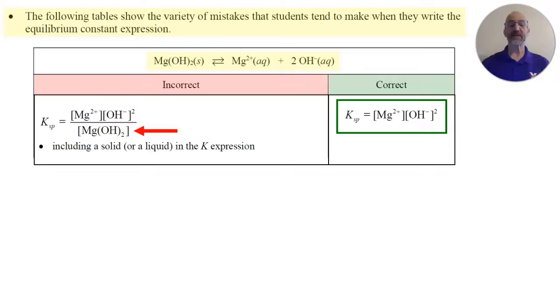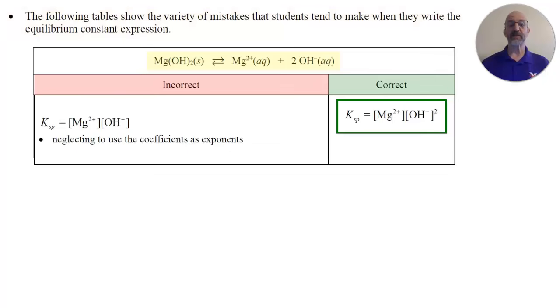So here's the first mistake. Including a solid or a liquid in the K expression is an example of a student mistake. The next example of a student mistake is neglecting to use the coefficients from the balanced equation as exponents in the expression for the equilibrium constant.